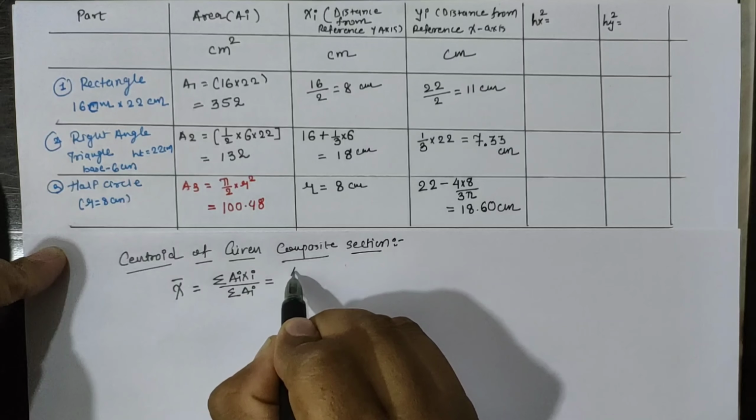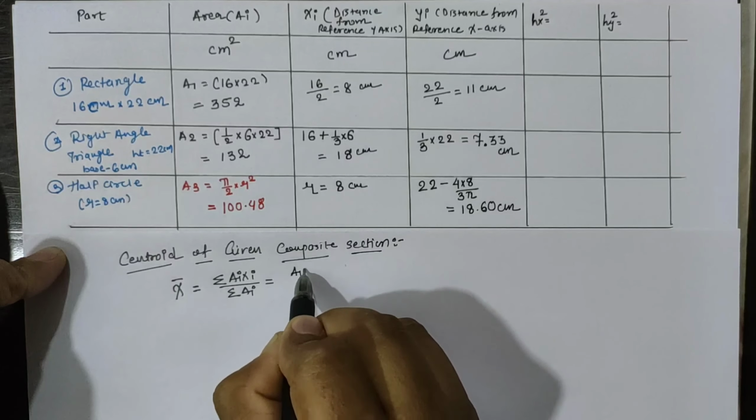So we multiply A1 with X1 plus, as an algebraic summation, A2 X2, and we have to remove the A3 area, which is the assumed part, hence minus A3 X3, divided by sigma Ai, meaning A1 plus A2 minus A3. So let us put in all the values from the tabular form.